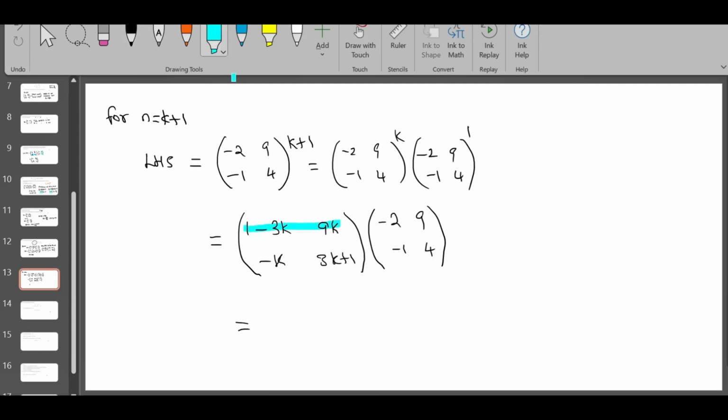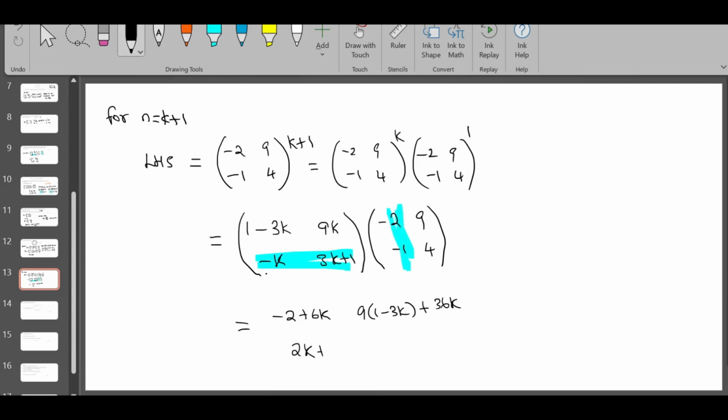Take the first row, multiply by the first column. So minus 2 times this, it's going to be minus 2 plus 6k. And then multiply by the second column. 9 times 1 minus 3k, plus 36k. Right? And then take the second row, multiply by the first column.